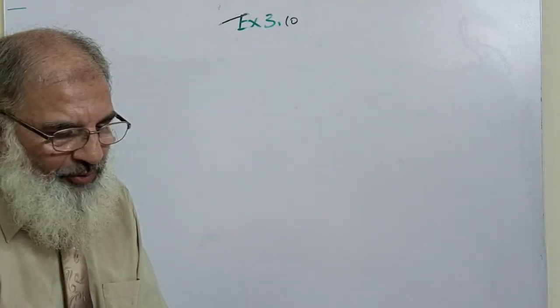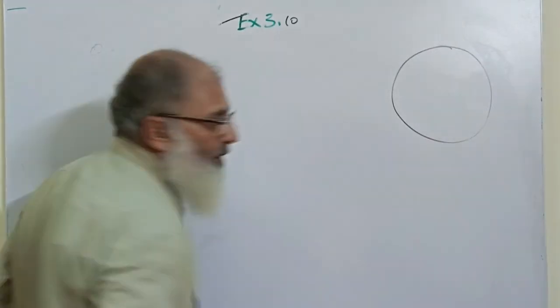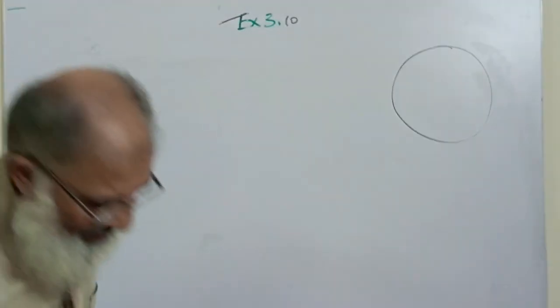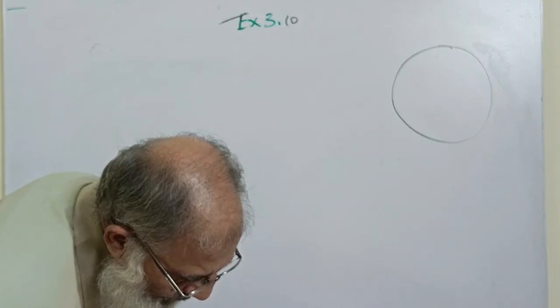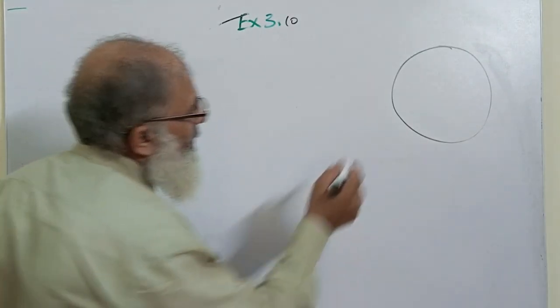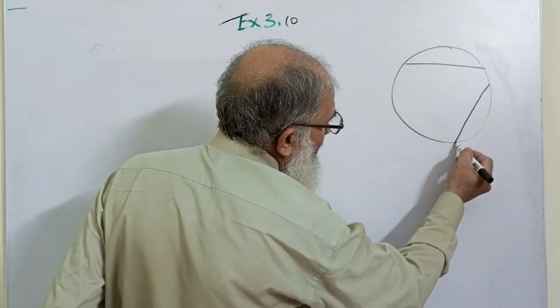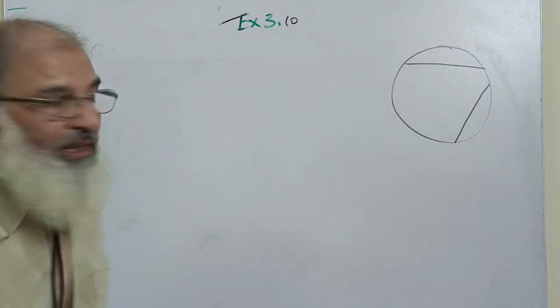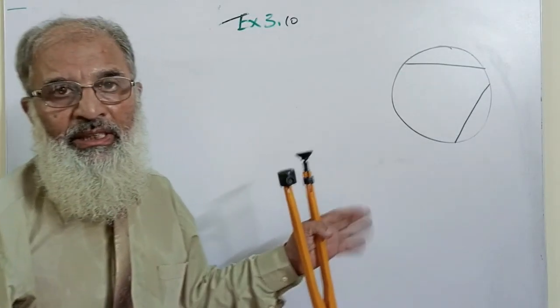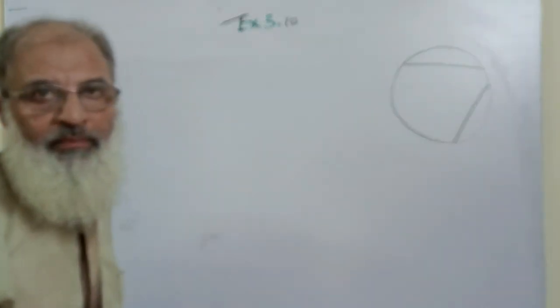As I told you, draw a rough sketch. Now I have drawn a large circle. Now draw any two chords. This is one chord. This is another chord.